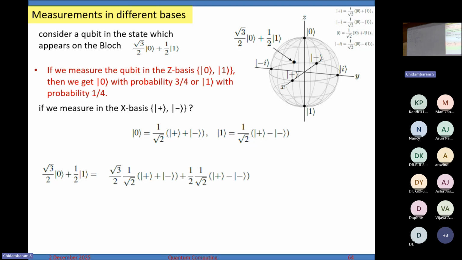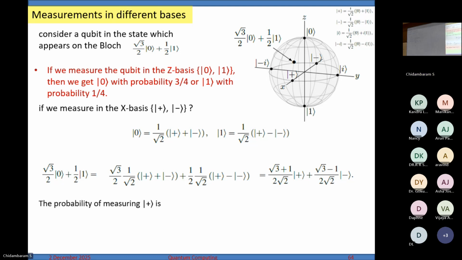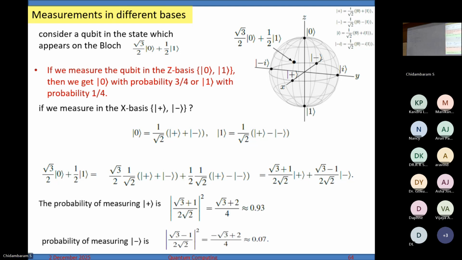You solve it by substituting these qubit states. So root 3 plus 1 by 2 root 2 ket plus, root 3 minus 1 by 2 root 2 ket minus. Right? Now what would be the outcome? Probability of measuring plus is the square of root 3 plus 1 by 2 root 2. Probability of measuring minus is the square of the other coefficient. So now my basis is changed, my qubit measurement changes.